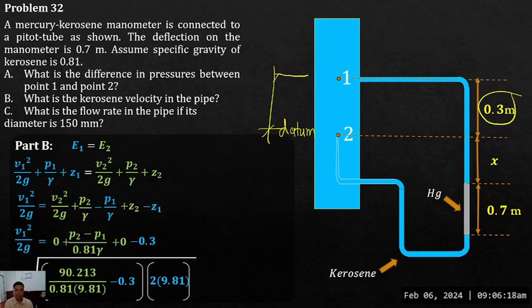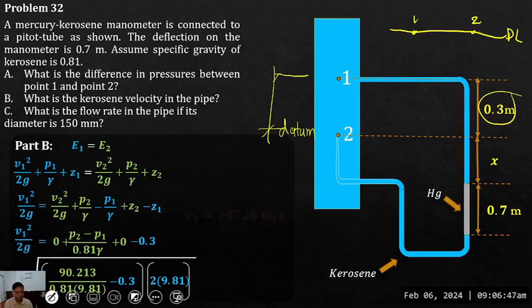Now, if you are going to consider yung horizontal plane as a datum line, DL, point 1 and point 2 lie on the datum line. So, ibig sabihin, 0 yung values nila, dalawa. Okay?